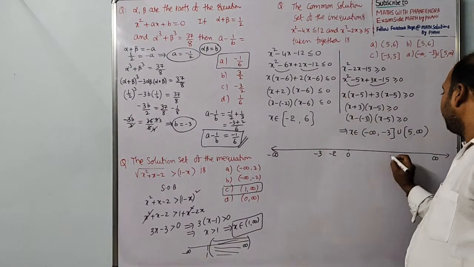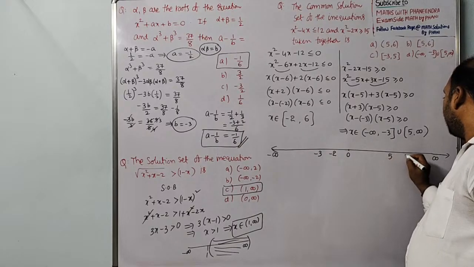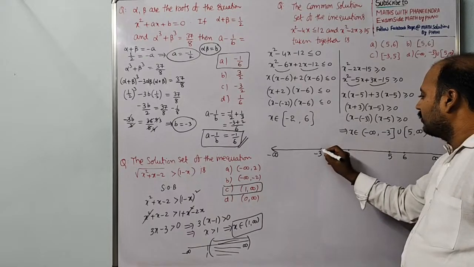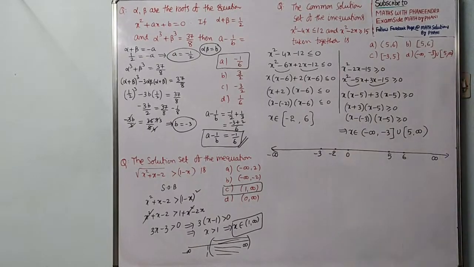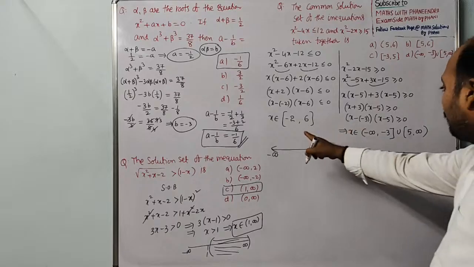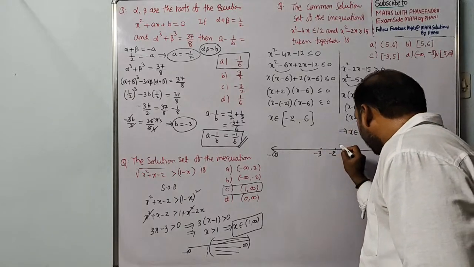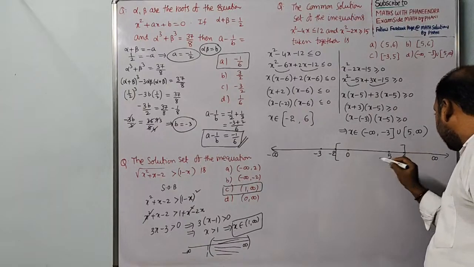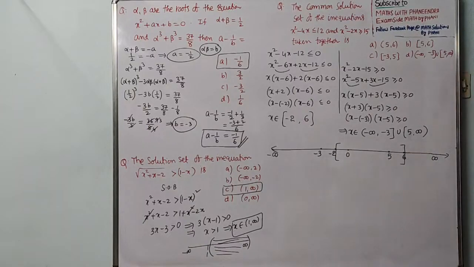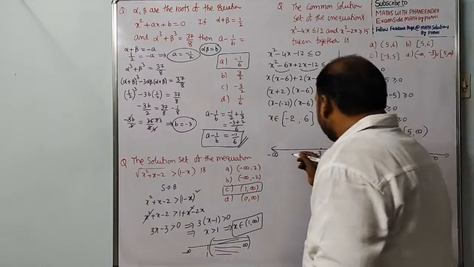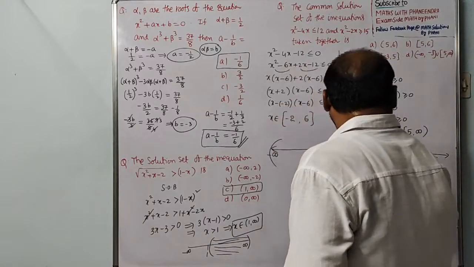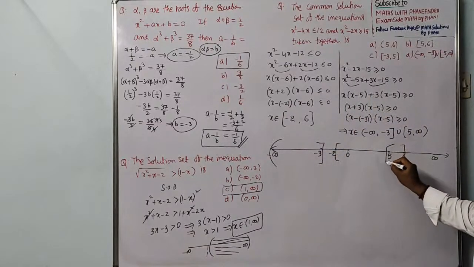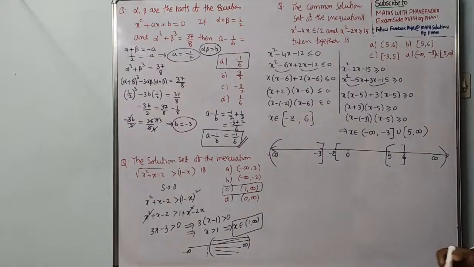Here plus 5 I am taking and plus 6 also I am taking here. So first, closed minus 2 to closed 6. Next, open minus infinity to closed minus 3, closed 5 to open infinity.